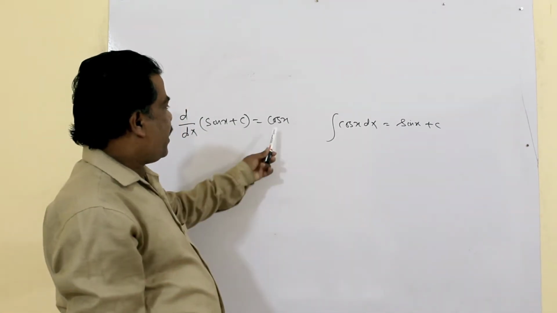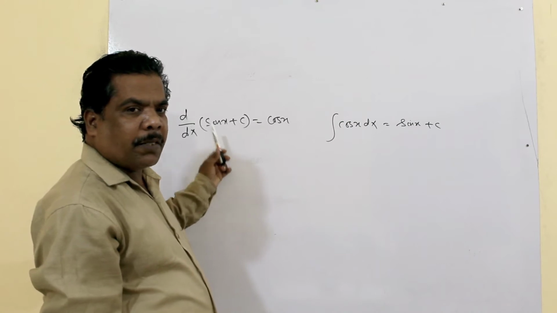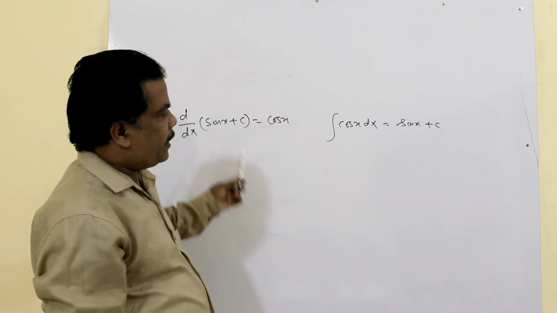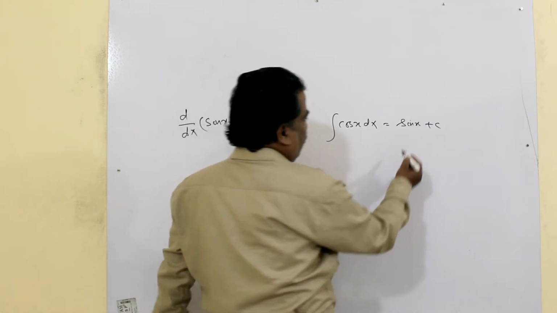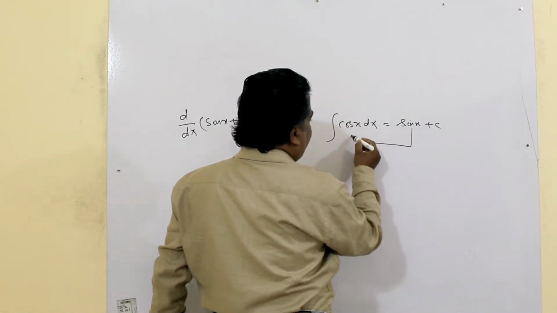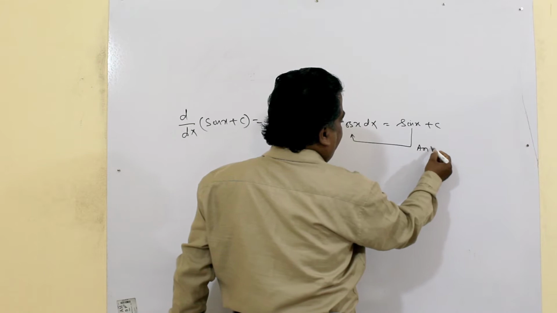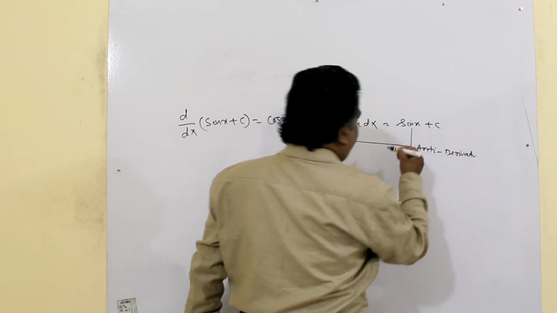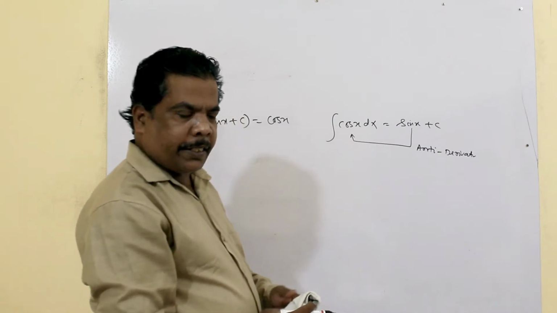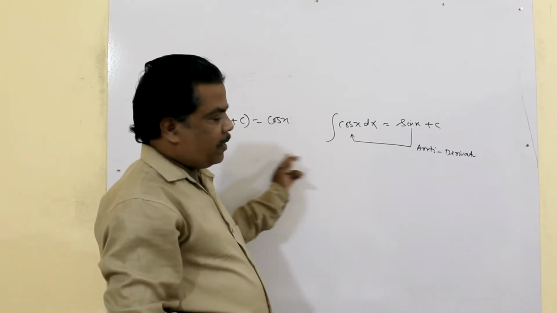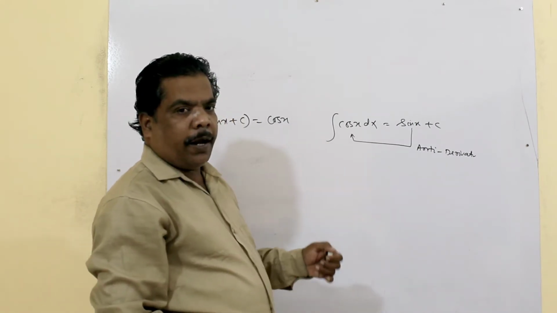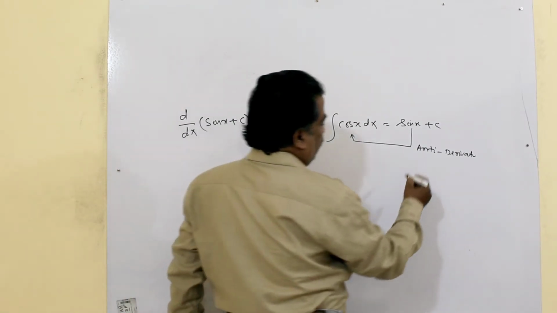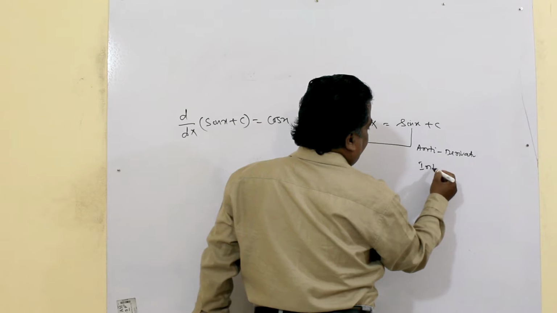So cos x is the derivative of sin x, and sin x is the antiderivative of cos x, or sin x is called the integral.